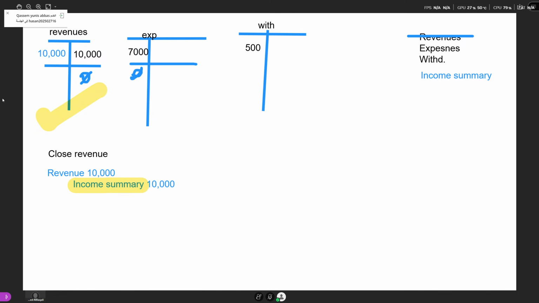So to close the expenses, I definitely need to credit expenses with 7,000. So what I'll do is I'm going to close my expenses now.